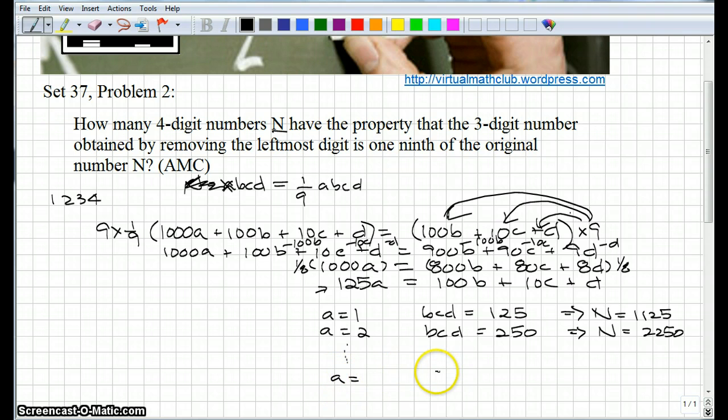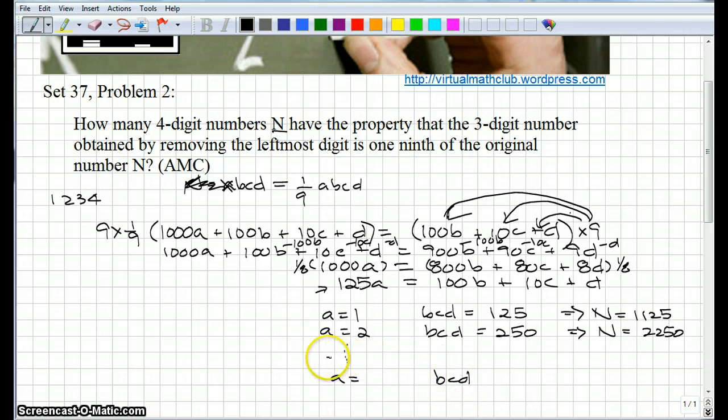The biggest A possible is going to be limited by the fact that BCD, 100B plus 10C plus D, has to be 3 digits. So let's figure out what the biggest A can be, such that BCD is 3 digits.